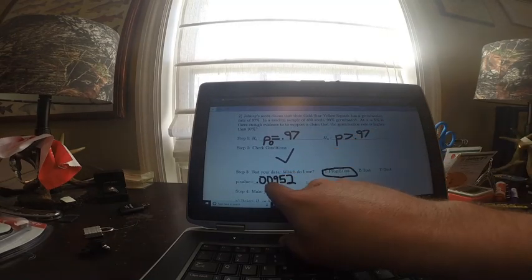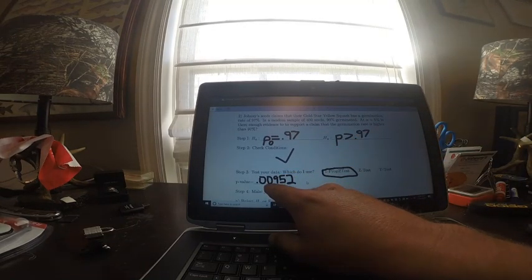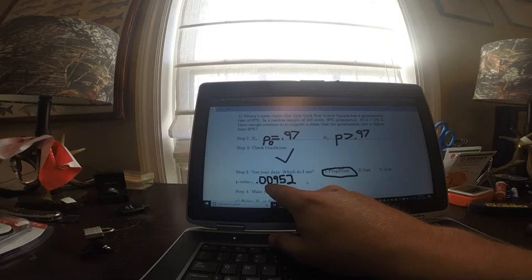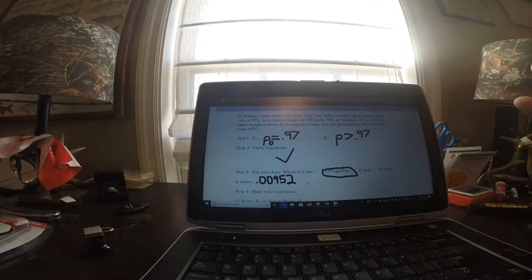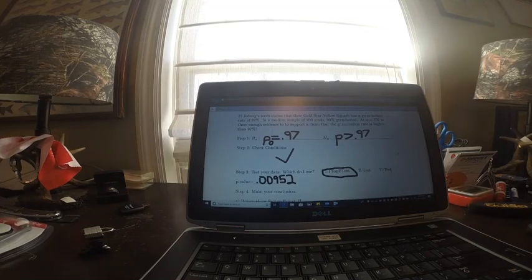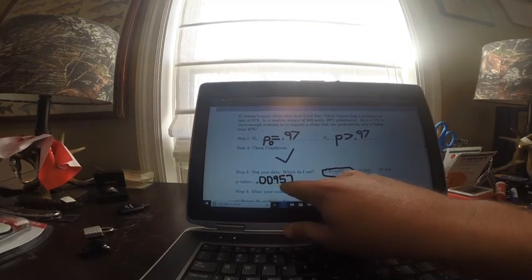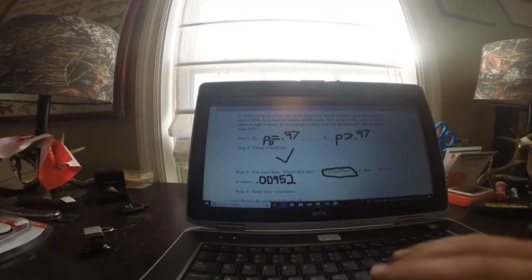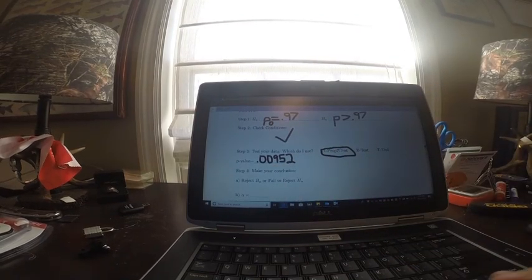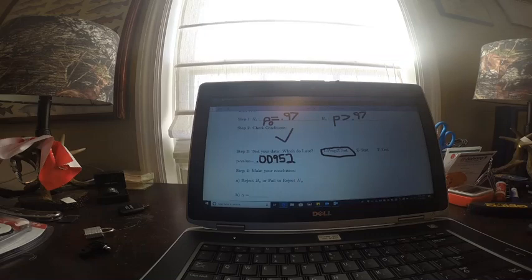But if your alpha would have been 1%, then technically your p-value would have been less than 1%. But if you'd have rounded it, you would have thought it was the same thing. So you could have run into some issues there. So a lot of times I try not to round my p-value anywhere close to what my alpha value is if I can help it, because the little differences make a big difference in the end.